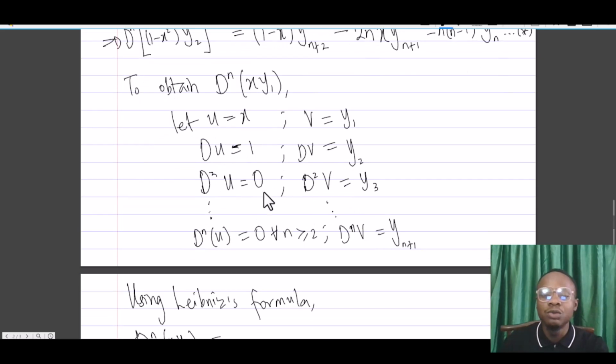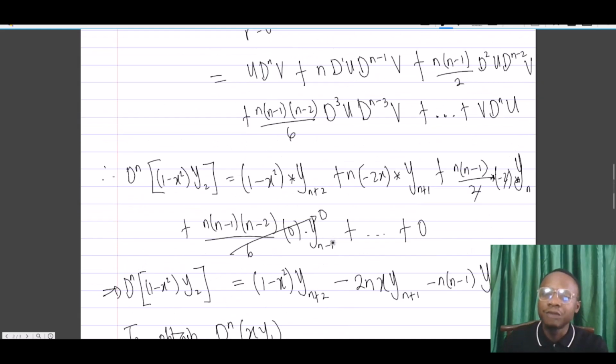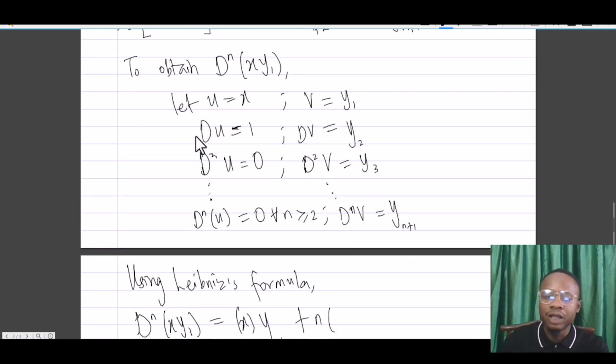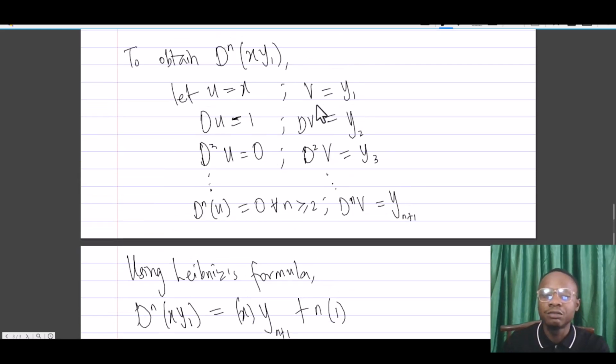So u is x, so this is going to be x multiplying the nth derivative of v, which is y_{n+1}, so that's y_{n+1}. Then plus n multiplying the derivative of u, that is n multiplying 1, then multiplying the (n-1)th derivative of v.